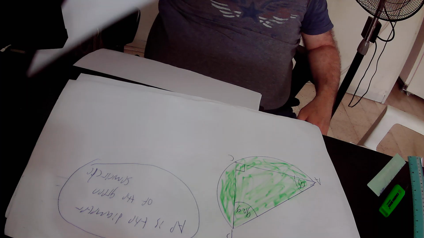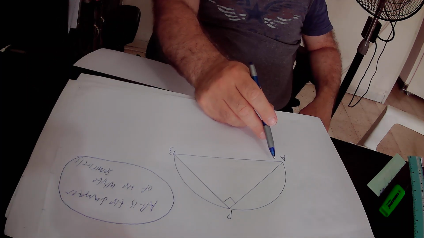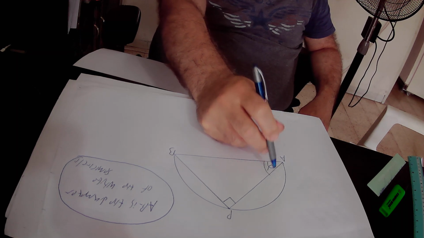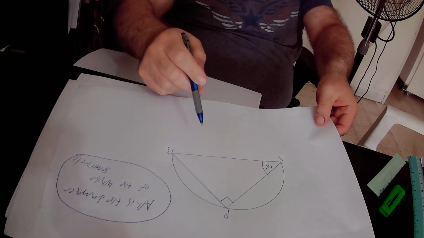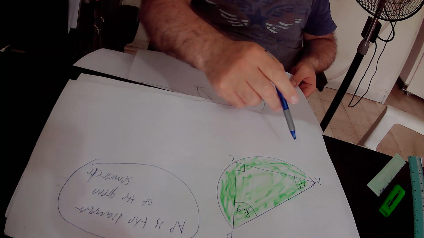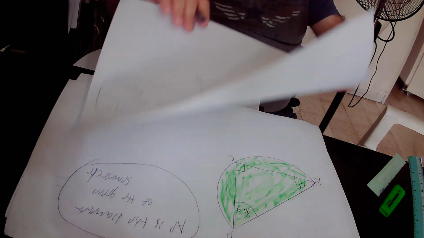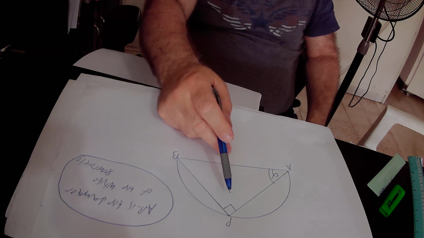Likewise, this is the common angle, angle A, that we defined as alpha. You can see here, it belongs to the white triangle APB and to the green triangle APC. So in the right triangle APB, this angle equals alpha, this angle equals 90 degrees.